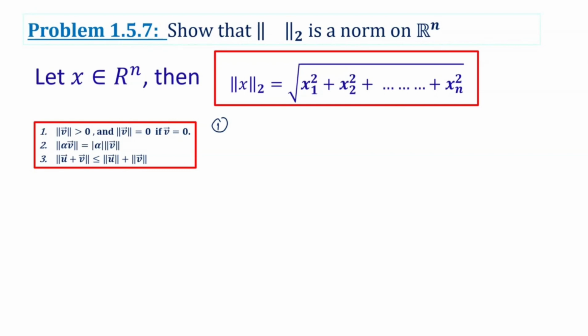Clearly, since this is x1 square, x2 square, and xn square, this will always be positive or greater than or equal to 0.